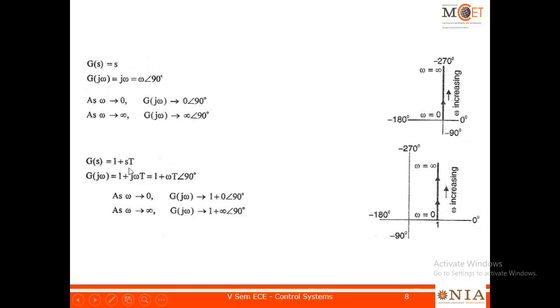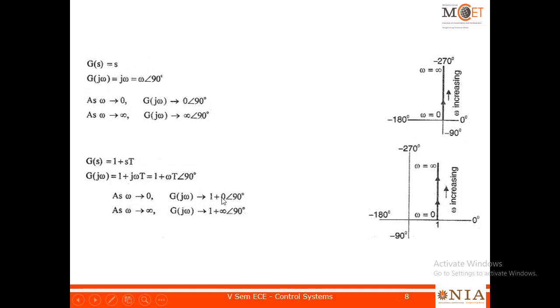There is another term, 1 plus sT. For this particular term you have a magnitude of omega T and 90 degrees, plus 1 extra. So what is the difference between these two terms? The plus 1. We have already seen that it will shift by 1 unit.